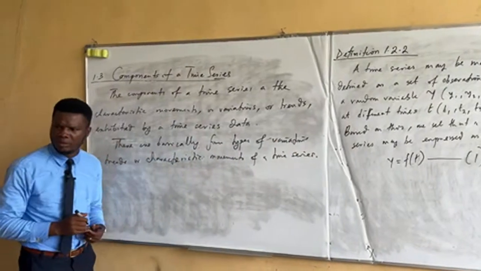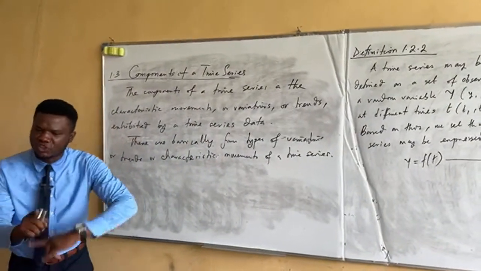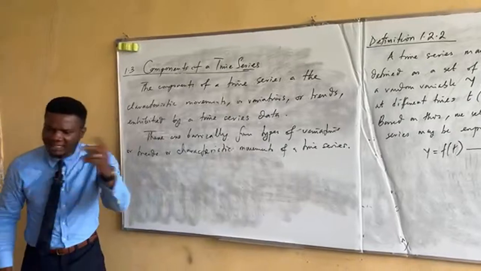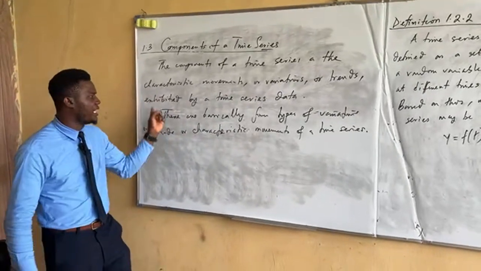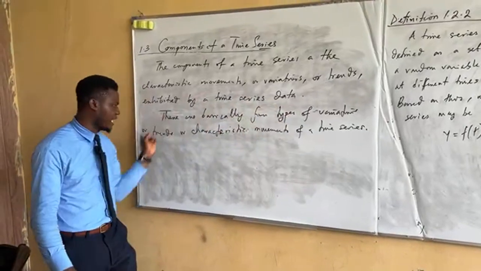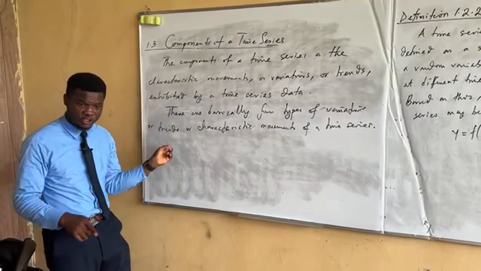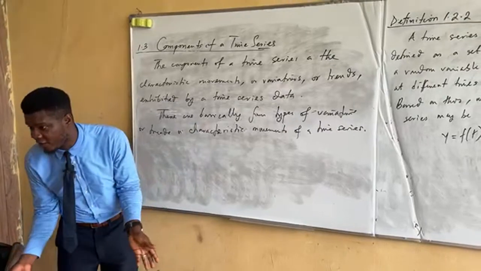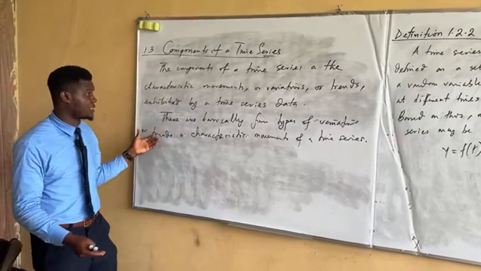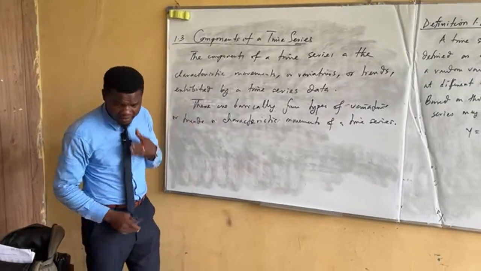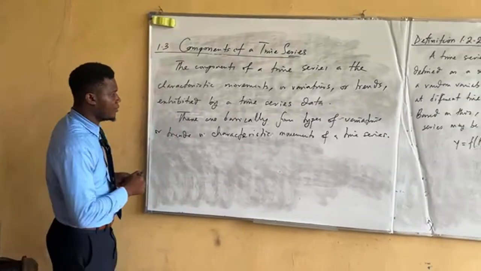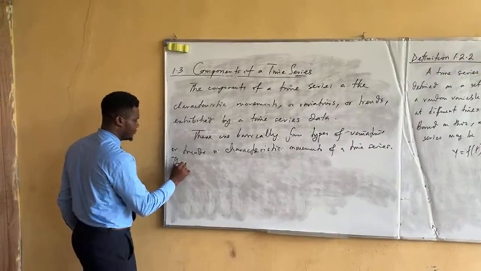If we have just said that time series components refer to the characteristic movements or variations or trends, would I be wrong to say there are basically four types of variations? I'm still referring to the same thing. In other words, I'm simply saying that there are four types of components of a time series. Is it clear?